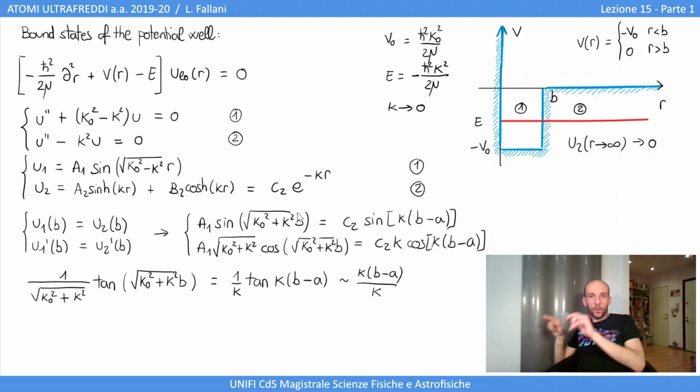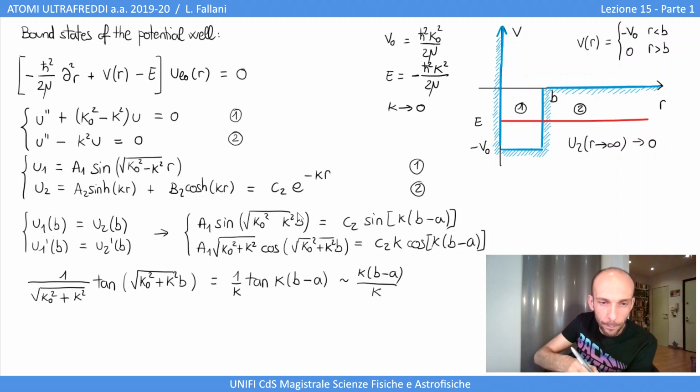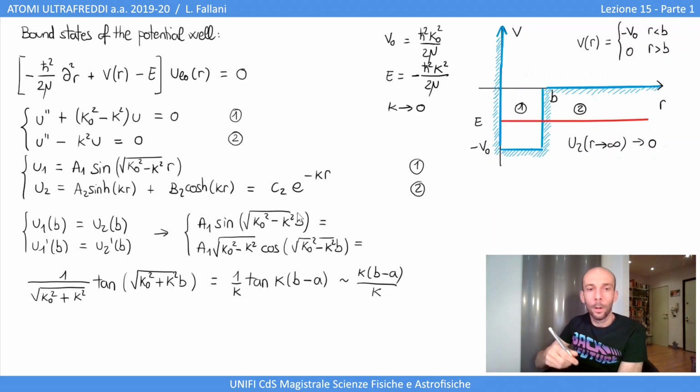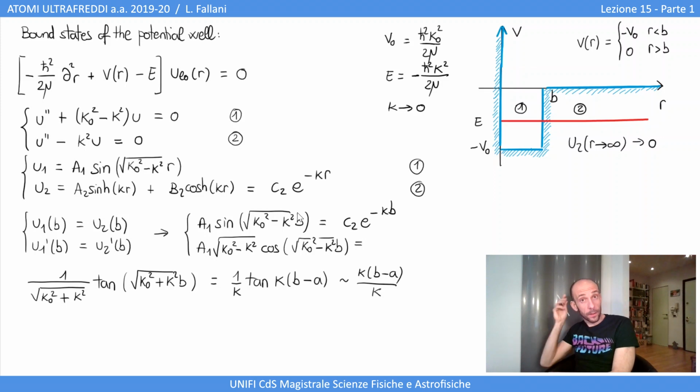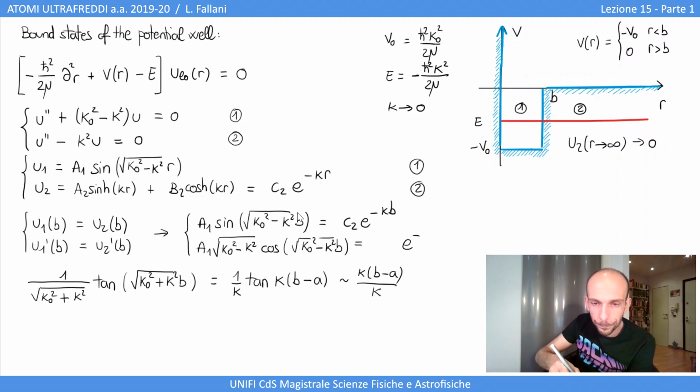As before, let's consider the connection of the two solutions at r equal b. And now, on the left-hand side, I will just put a sign minus here. And I should instead change expression on the right-hand side. So let's see what do we have. So the u2 for r equal b will be given by c2 e to the minus kb, and the derivative u2 prime will be derivative of exponential is the exponential itself times minus k, that is derivative of the argument.